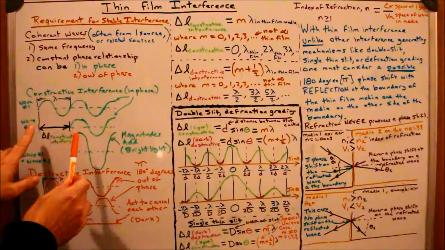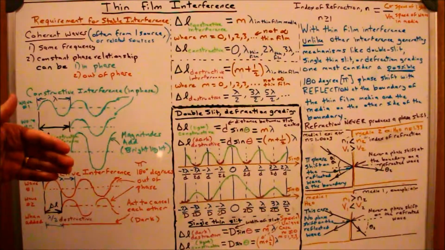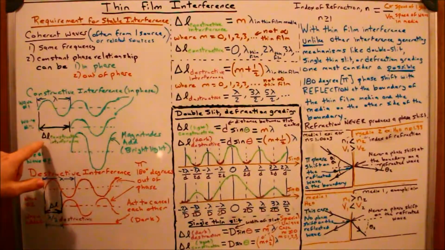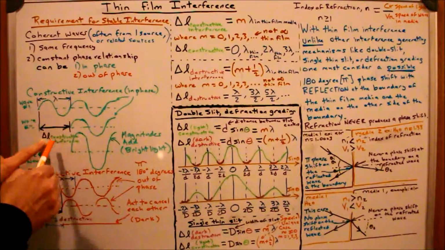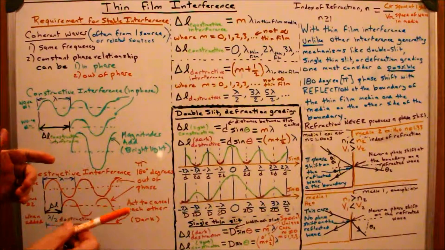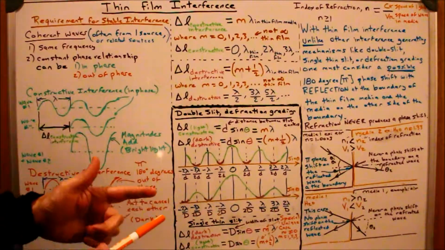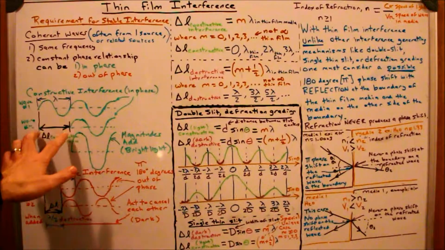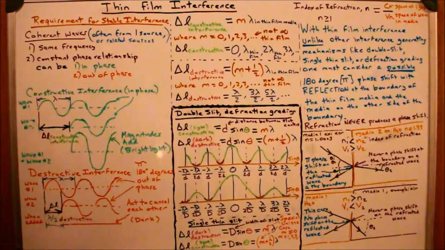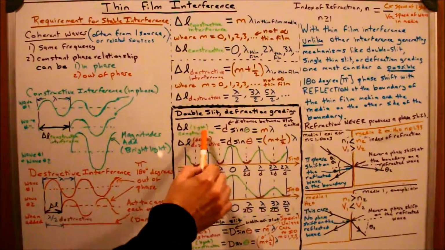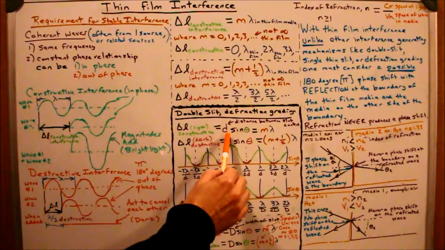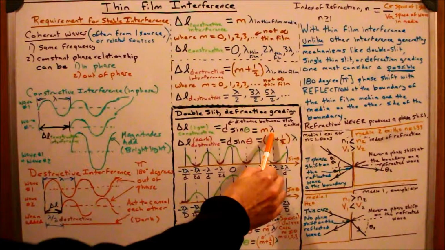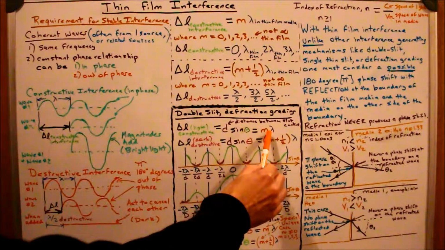if the length difference from one slit to the other slit at a point in space is one wavelength, then they will constructively interfere. So if that delta L is one wavelength, so m, and m could be 0, 1, 2, 3.